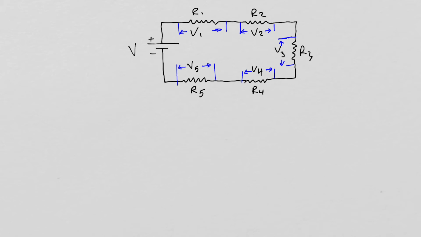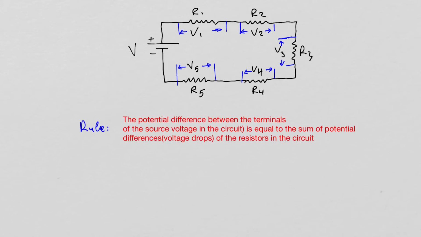So here is the next rule, and that is the rule for the potential difference in a circuit. The potential difference between the terminals of the source, which we will call the voltage in the circuit, is equal to the sum of potential differences, or as we will term them, voltage drops of the resistors in the circuit.